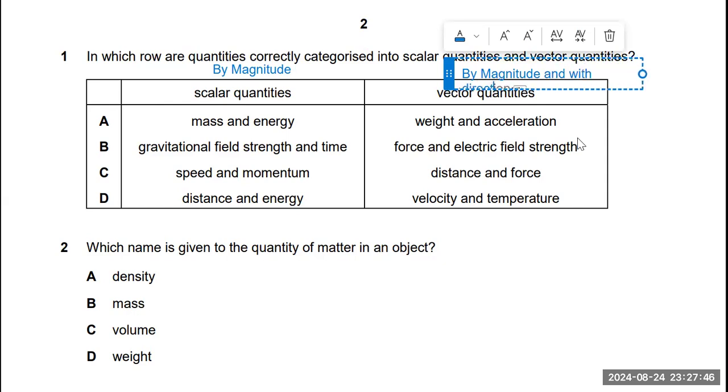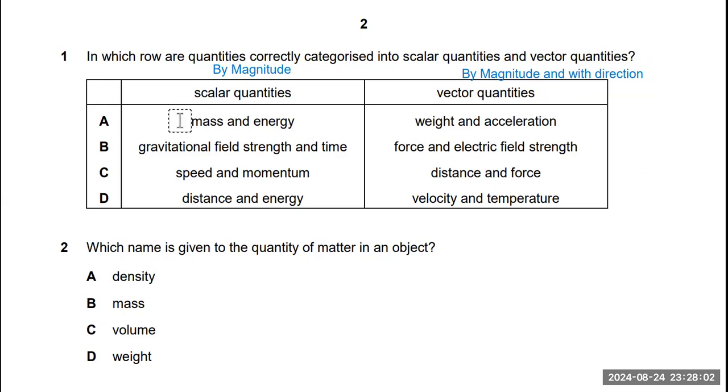You need direction to represent a vector quantity. So I will explain all the four options so that you can understand which one is scalar and which one is vector quantity.